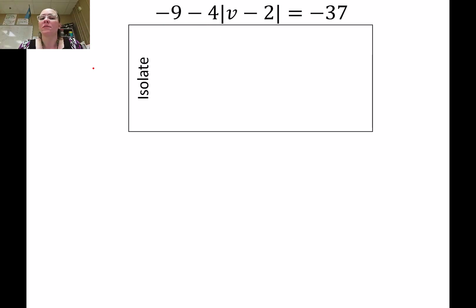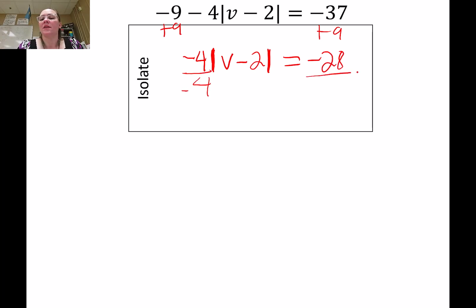The 4 is multiplying, whereas the 9 is subtracting. So I'm going to add 9 to both sides first. And I'm going to get negative 4 times the absolute value of v minus 2 equal to negative 28.